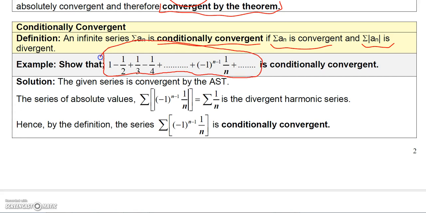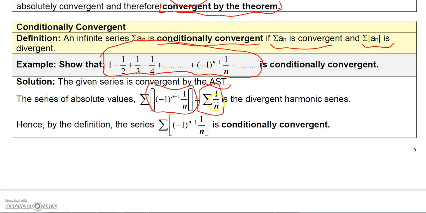Okay, so we can actually show that this series converges by the alternating series test. You can do that on your own. But if you took the series of the absolute value of the terms, then the absolute value of -1 to a power would just be 1. So you would simply get the series 1 over n.